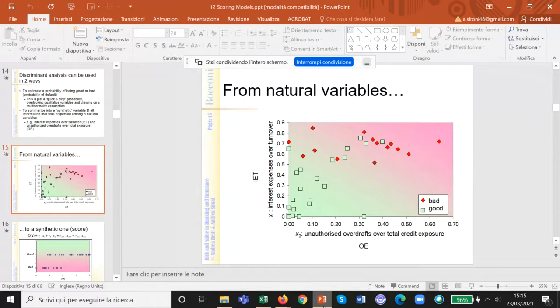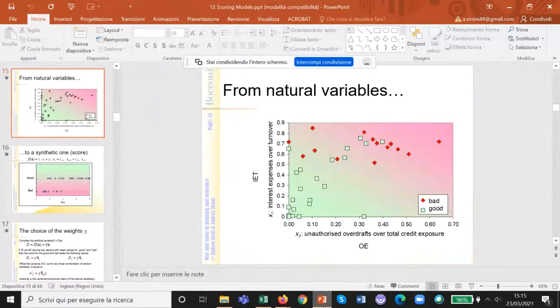And you can see, for example, that the bad companies, which are identified by the red dots, have on average values of these two variables which are clearly higher than the good companies, which are identified here with the green spots.